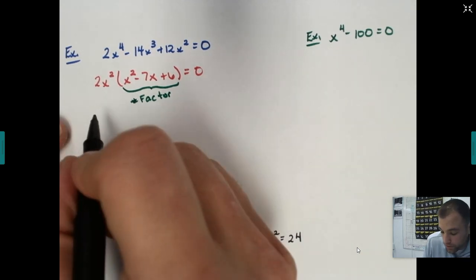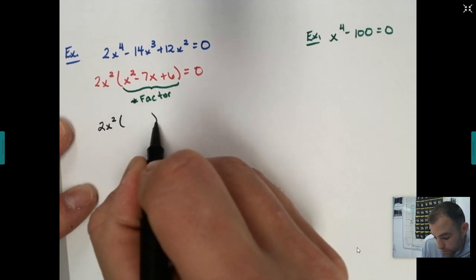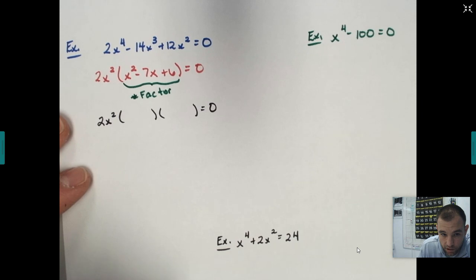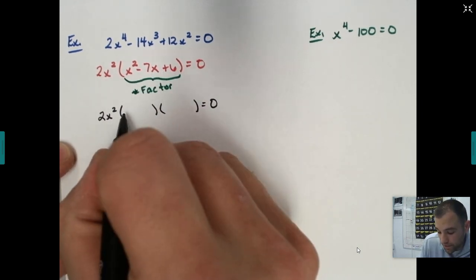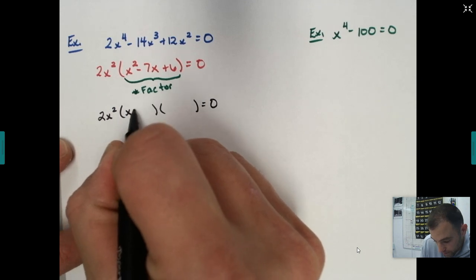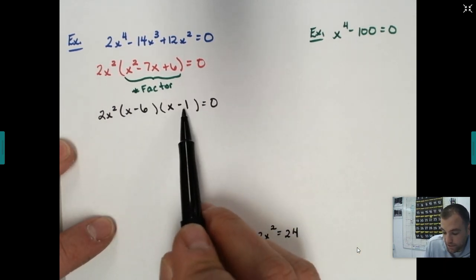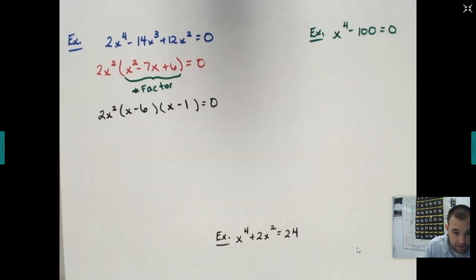The 2x squared isn't changing. Remember, I split this up into 2 parentheses. I know this probably seems like forever ago, but think about what multiplies to get 6 but adds to get -7. In this case, it's going to be x minus 6 and x minus 1, because -6 times -1 is 6, and -6 plus -1 is -7.